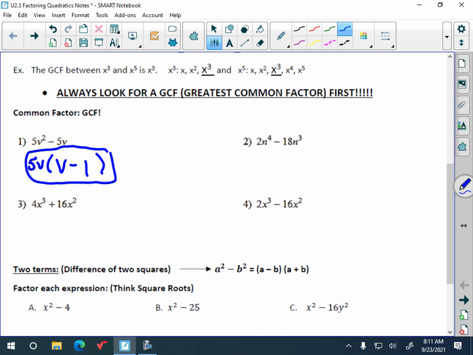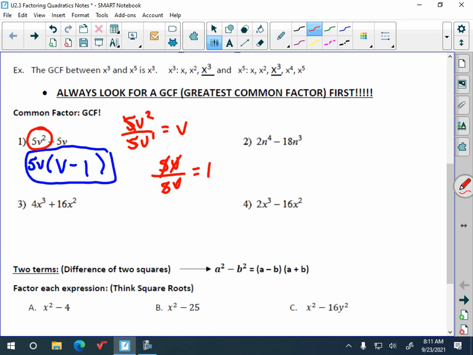So again, what I'm doing to get what's inside the parentheses, I'm taking 5v squared first. So you're basically just doing this in your head and dividing it by that GCF. Well, if you simplify this, remember you subtract exponents, that's how I get v. Then if I take the 5v and divide it by the GCF again, I get 1.